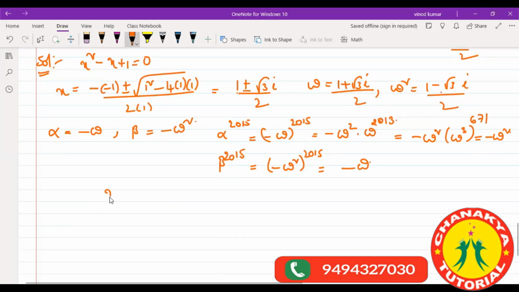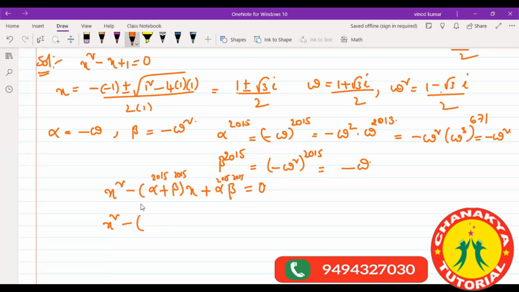The required equation is x square minus (alpha plus beta) into x plus alpha into beta equal to 0. Now x square minus (alpha power 2015 plus beta power 2015), which is minus omega square and minus omega, into x plus (minus omega square)(minus omega) equal to 0.